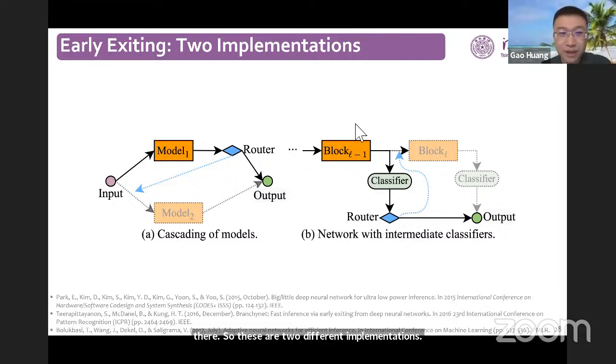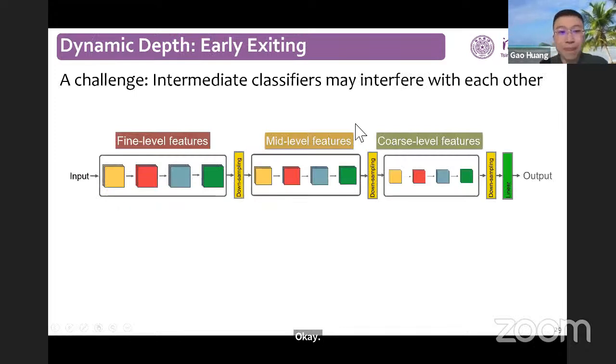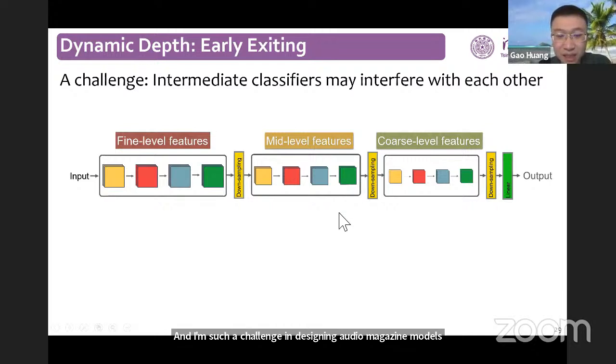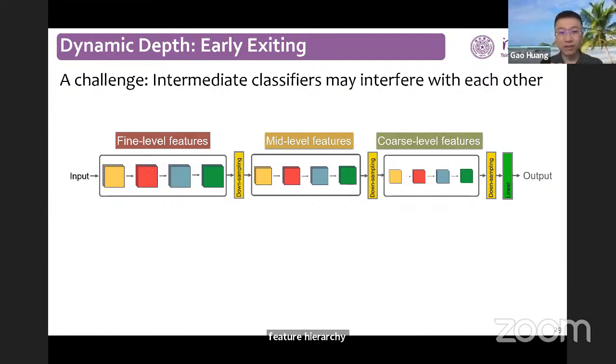Okay, and a challenge in designing early exiting models is that in convolutional networks we have the feature hierarchy. That is, we have the so-called downsampling layers in the middle of these models, and the resolution of the feature map will keep shrinking in the network.